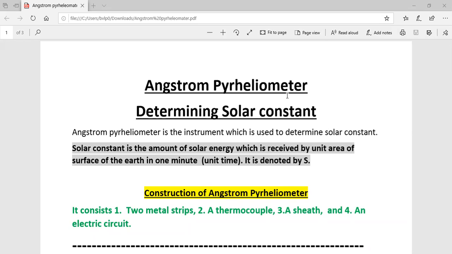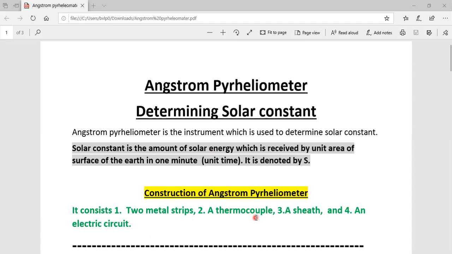Now I'll explain how we can calculate the solar constant using the Angstrom pyrheliometer. To design this pyrheliometer, the main components we need are 2 metal strips with the same surface area, made of the same material, with the same dimensions. We denote the 2 metal strips as S1 and S2, and a thermocouple.